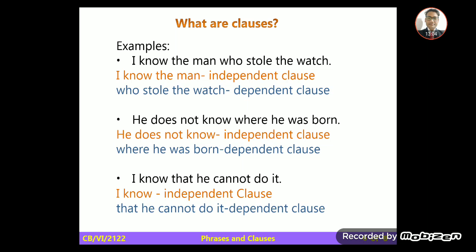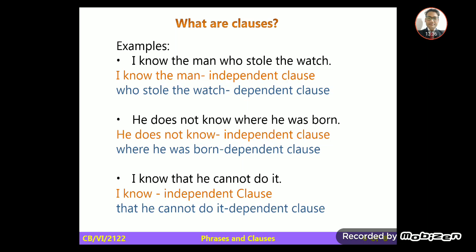Another example: he does not know where he was born. He does not know, that is an independent clause. And where he was born starts another clause, that is a dependent clause. It depends on the independent clause, and then it will convey a meaningful sentence and a thoughtful message.